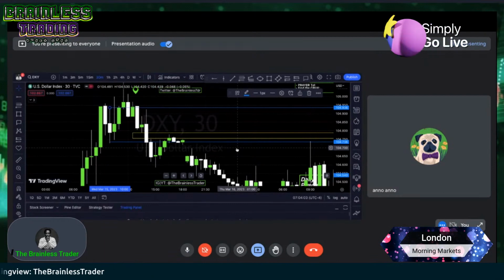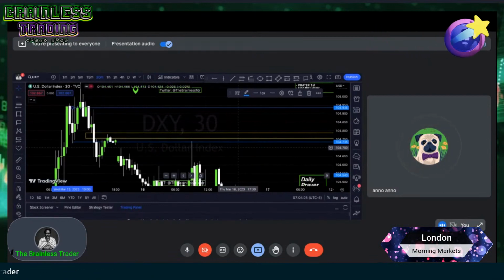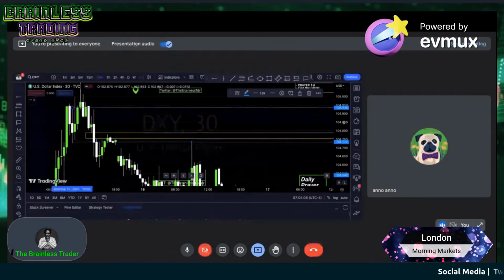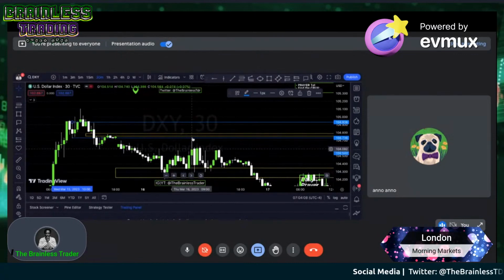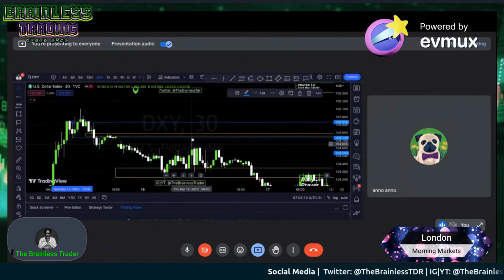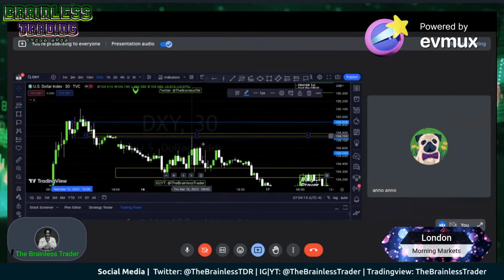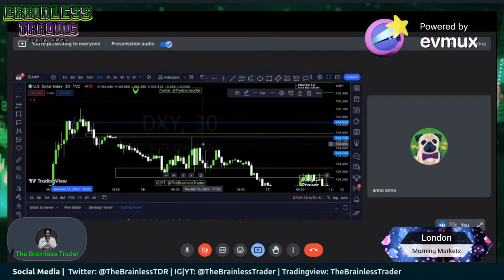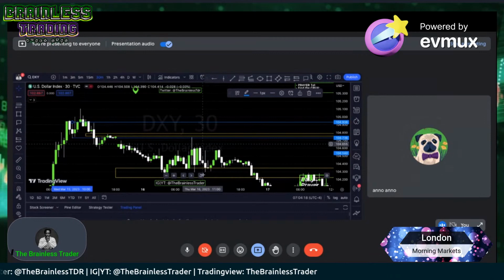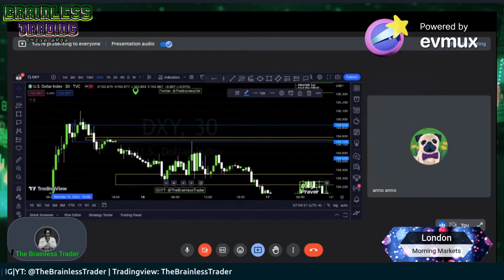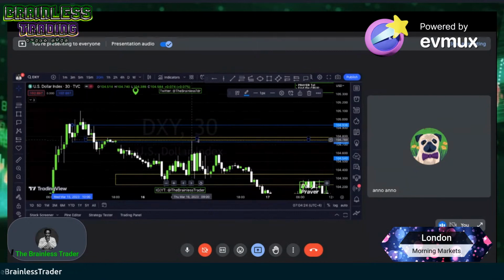Now if we stretch this out a little bit, you get another touch to the breaker area, and I would count this as another approach to the fair value gap area. It doesn't touch the fair value gap, but it goes towards it. So I would say this is the second approach or touch to both areas, fair value gap and breaker.